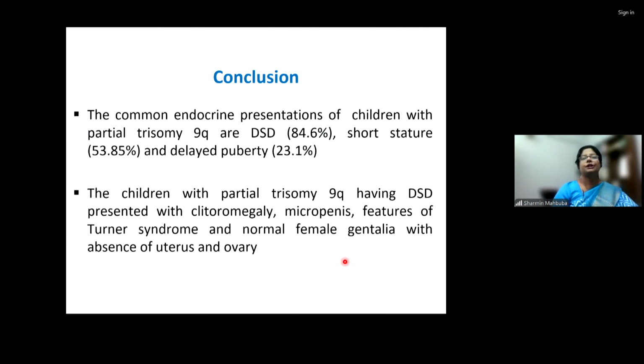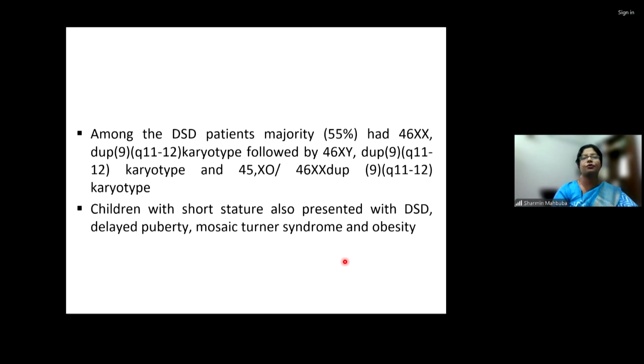So in conclusion, the common endocrine presentations of children with partial trisomy 9q are DSD, short stature, and delayed puberty. And there is variable presentation of DSD like clitoromegaly, micropenis, features of Turner syndrome, and normal female genitalia with absence of uterus and ovary. The majority had 46,XX followed by XY, and then 45,XO and 46,XX with duplication of chromosome 9 karyotype.